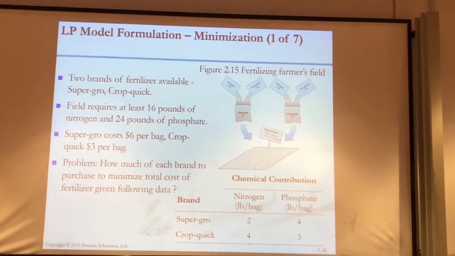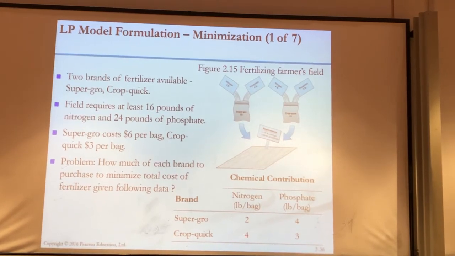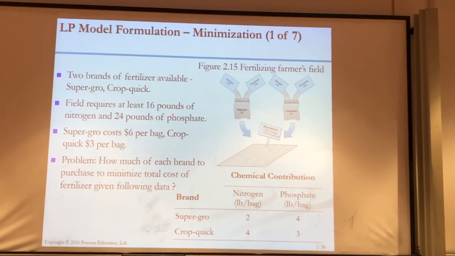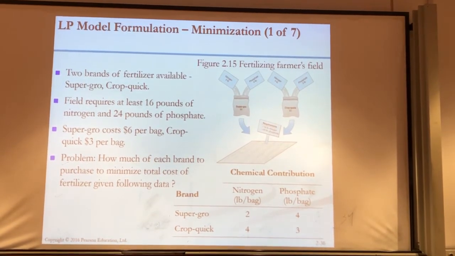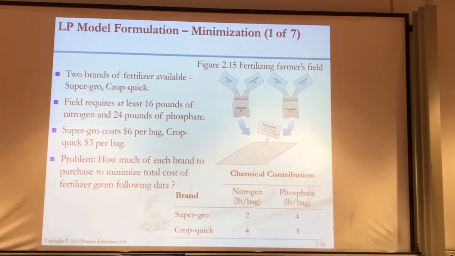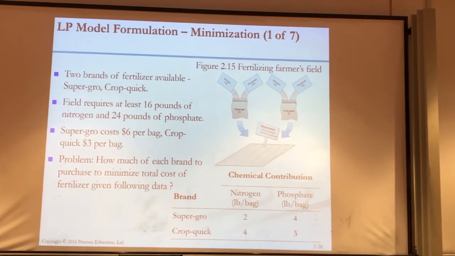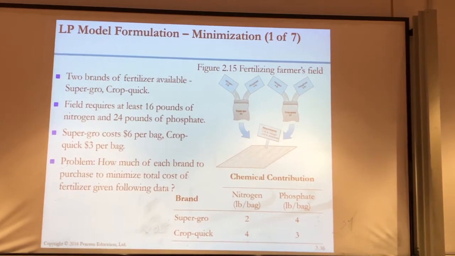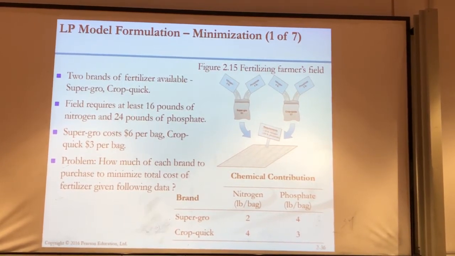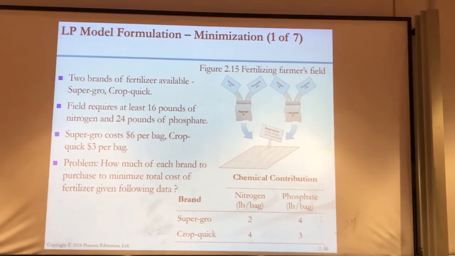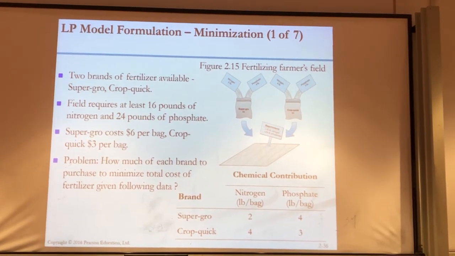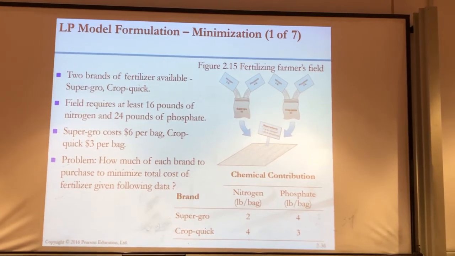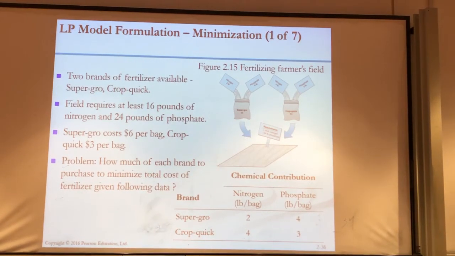Okay, so you can write down 2x1 plus 4x2 greater than or equal to 16, which is 16 pounds of nitrogen, and 4x1 plus 3x2 greater than or equal to 24 pounds. And the last constraint is the non-negativity constraint. x1 and x2 both should be greater than or equal to 0. So this is the formulation.